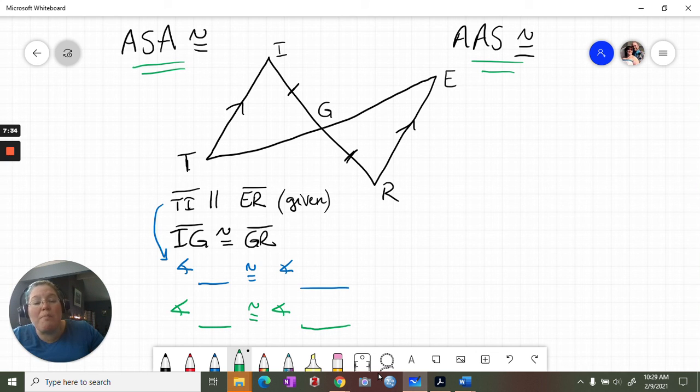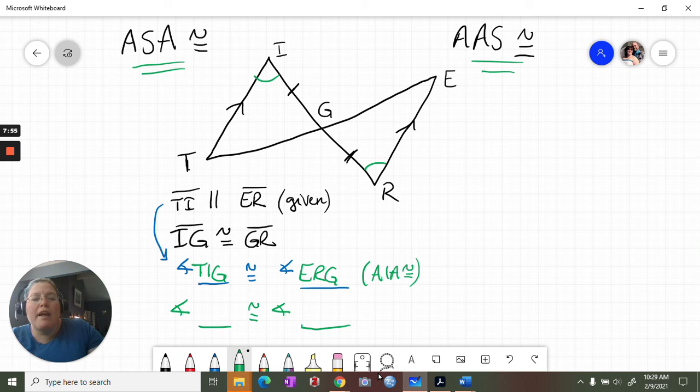Okay, so my parallel lines give me my alternate interior angles congruent. So I can say angle TIG is congruent to angle ERG because they are alternate interior angles.